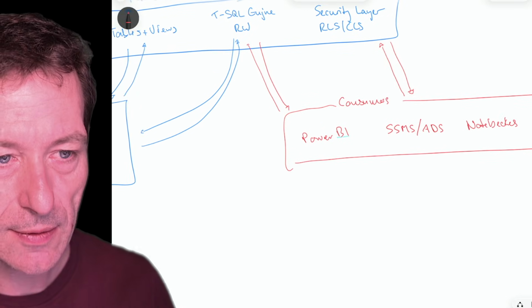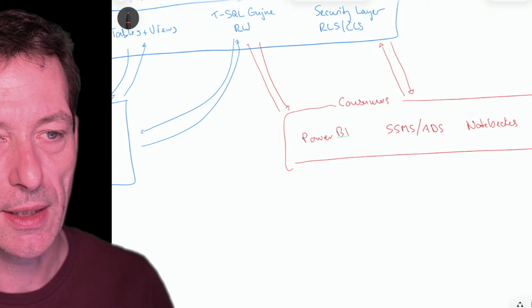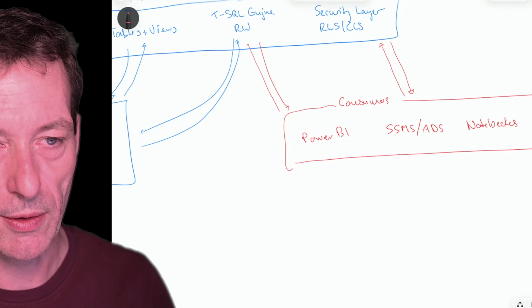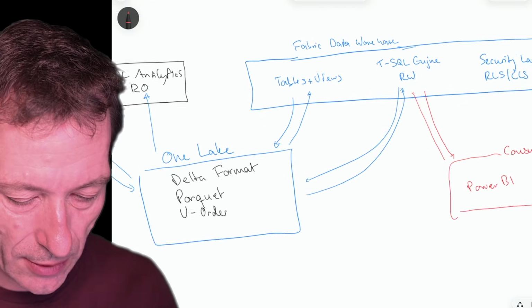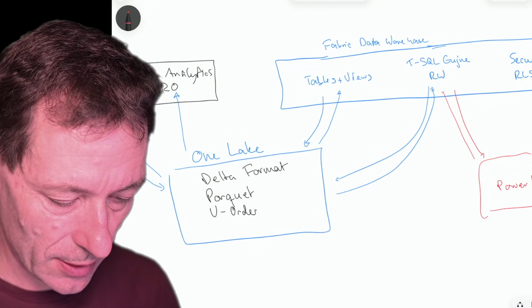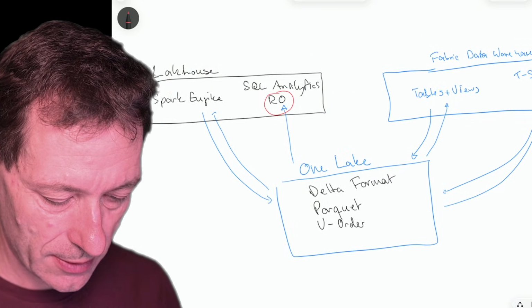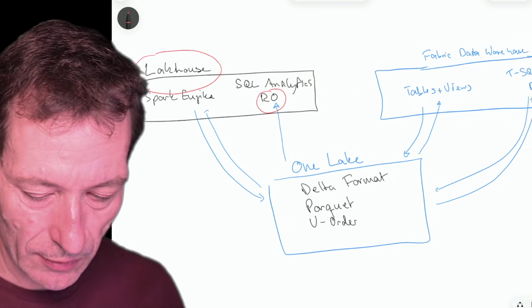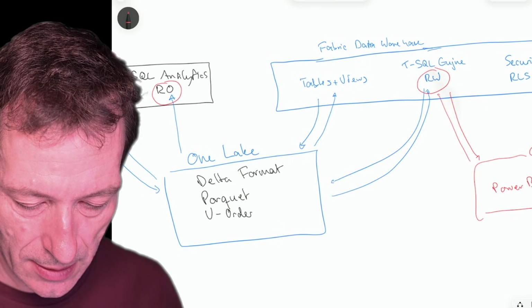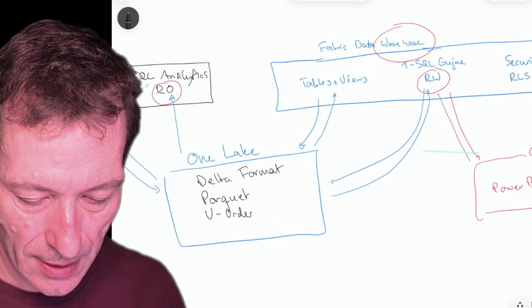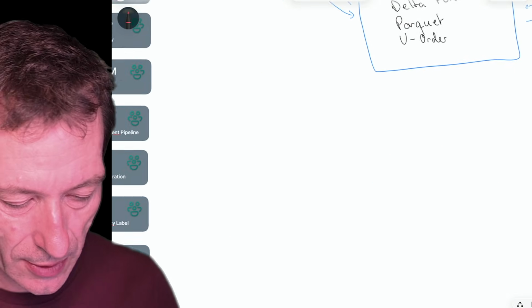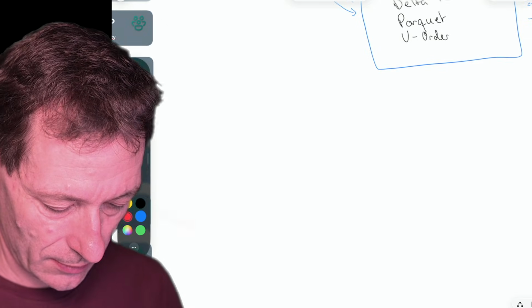So this is like the big picture, the Fabric architecture warehouse overview. So I already mentioned that one main differentiator is the read-only capability of the Lakehouse and the read-write capability of your warehouse. So let's go a little bit more into detail for that point.